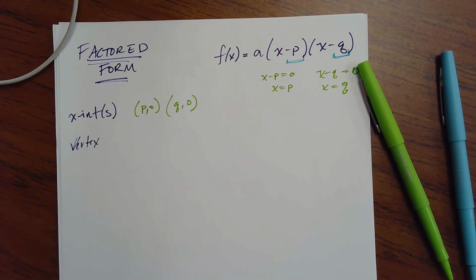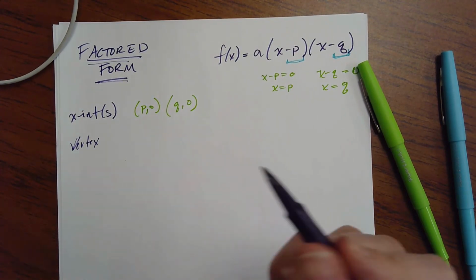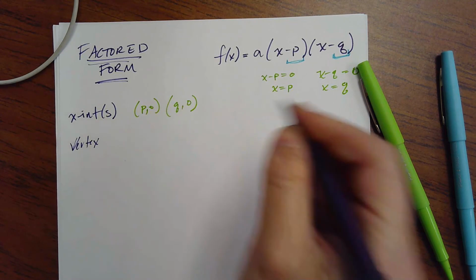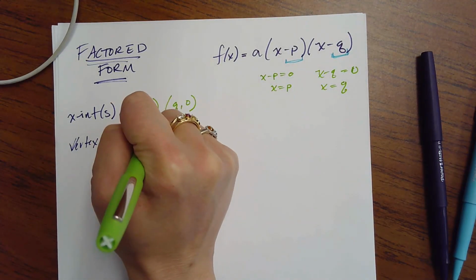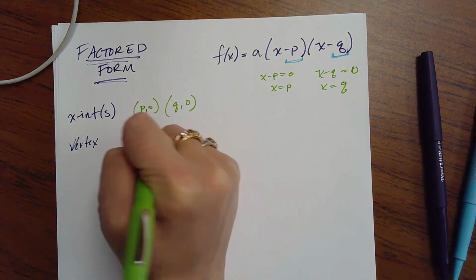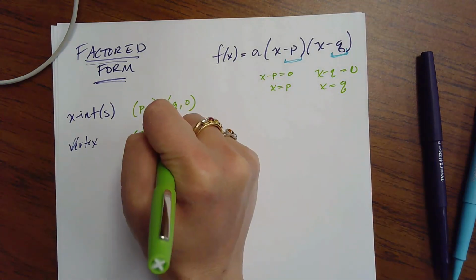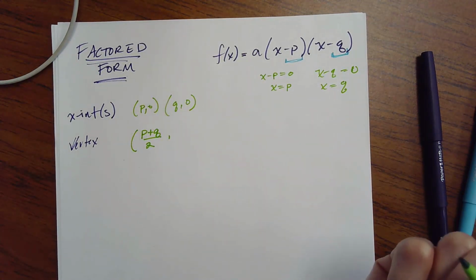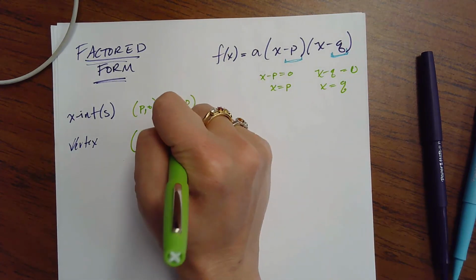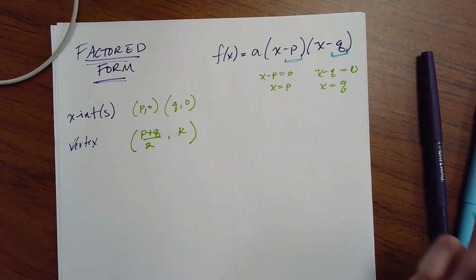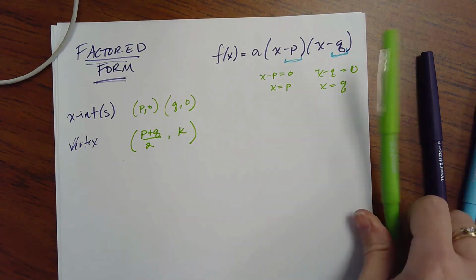You don't really need another formula. I'm going to average P and Q, so it goes P plus Q, whatever those values are, divided by 2. Then the y value of your vertex would just be your K value. I'll show you how to find that.